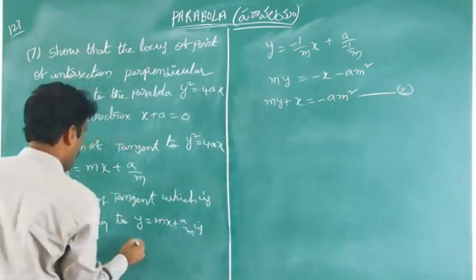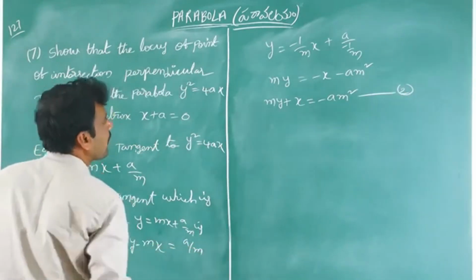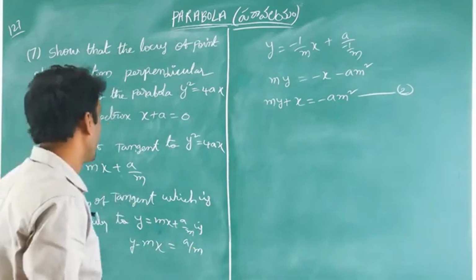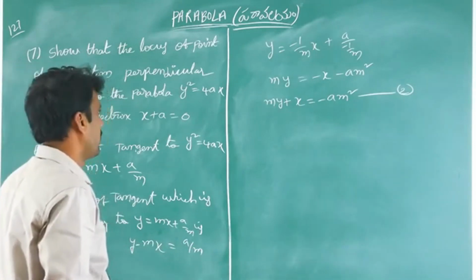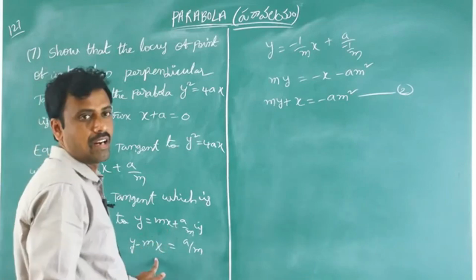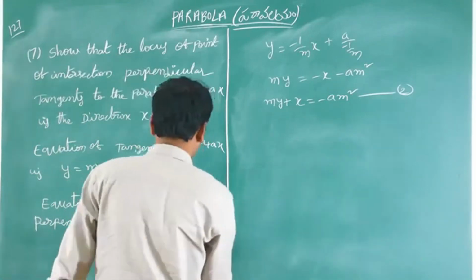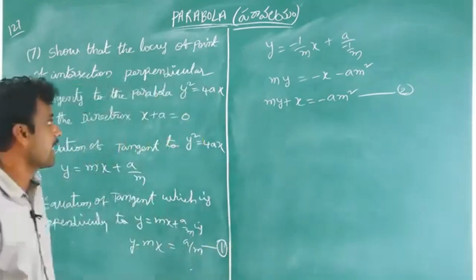Here, y − mx = a/m. Squaring and adding equations 1 and 2.